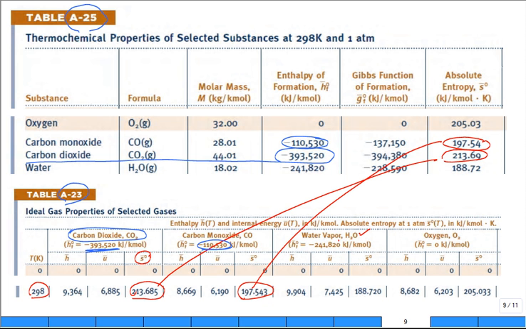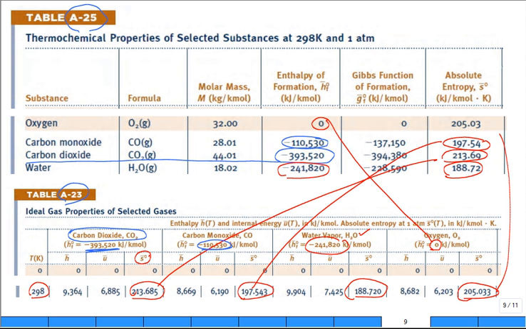You have this value for the enthalpy of formation, same, and the absolute entropy at 1 atm, 298, matches. So that's all good. And again, for the enthalpy of formation of the oxygen and its absolute entropy at 298.